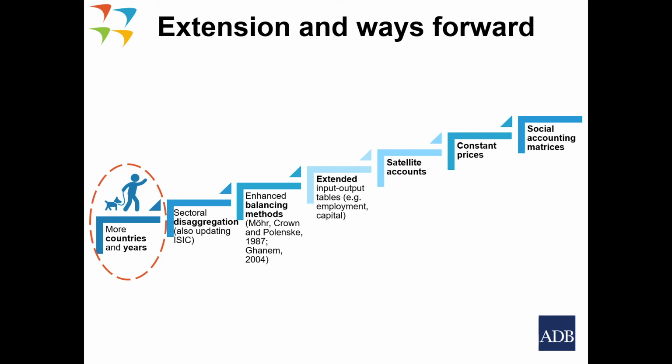Other projects in the pipeline include disaggregating sectors, updating the ISIC version used for classification, extending the IO to include ancillary databases such as employment and capital, and updating the tables to consider megacities, satellite accounts, constant prices, and social accounting matrix.